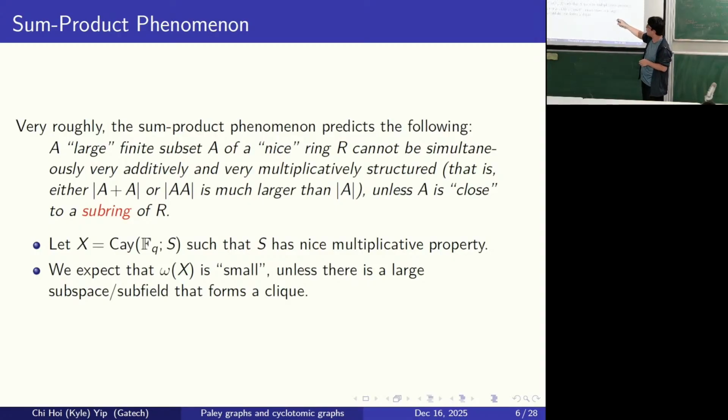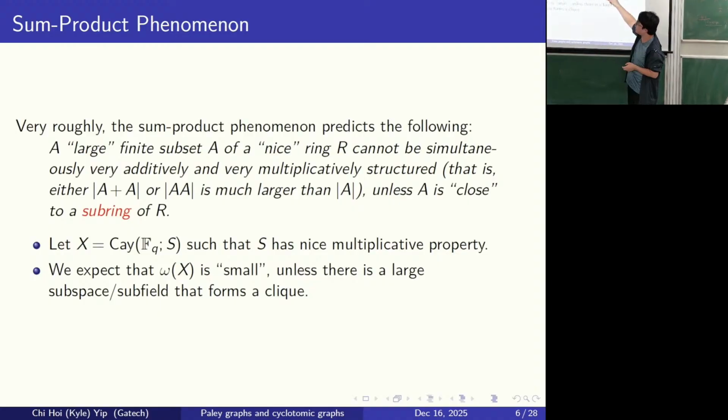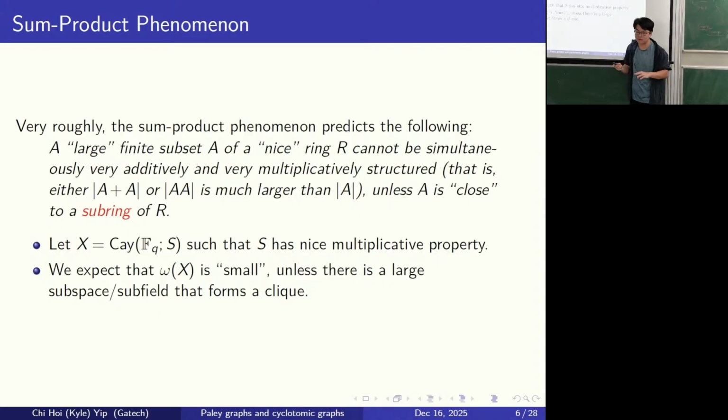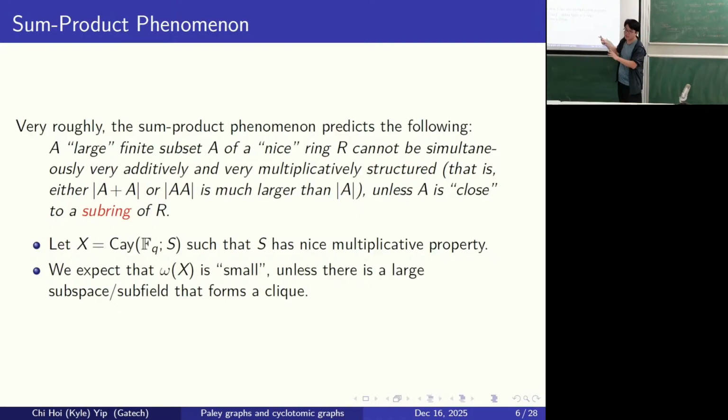So in the case that we do not have an obvious construction, we would believe that the clique number has to be small. And in the case of the Paley graph of square order, this conjecture predicts that a large clique must be a subfield. Yeah, so I didn't use any sum-product estimate in my proof, but this is the underlying bigger picture of this kind of question.